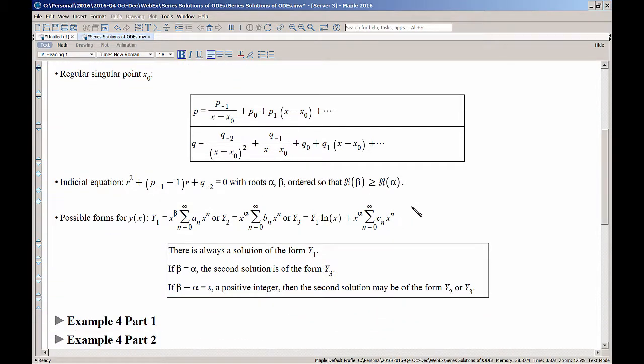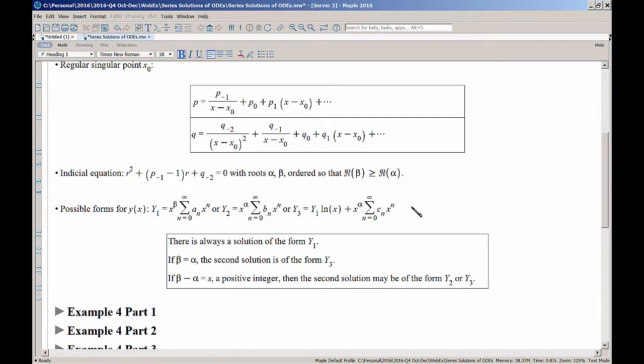Having determined that information, you can now state what the solutions in the neighborhood of this regular singular point could perhaps look like. One possibility is that you get a power series, a Taylor series, multiplied by x to the beta. So that means this is a generalized series.